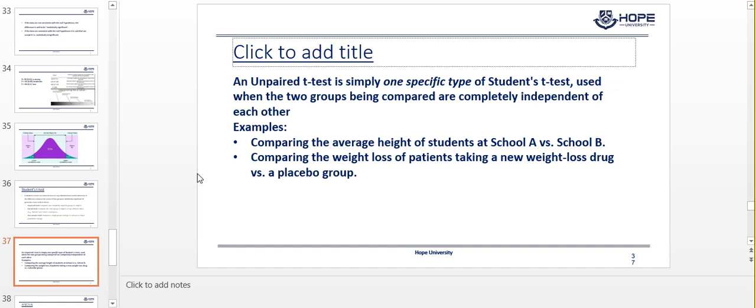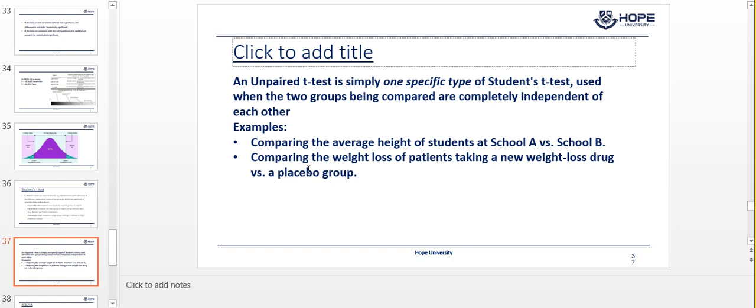The unpaired t-test is simply one specific type of Student's t-test used when two groups being compared are completely independent of each other. For example, comparing the average height of students of school A versus school B, or comparing weight loss of patients taking a new weight loss drug to another group taking a placebo drug.